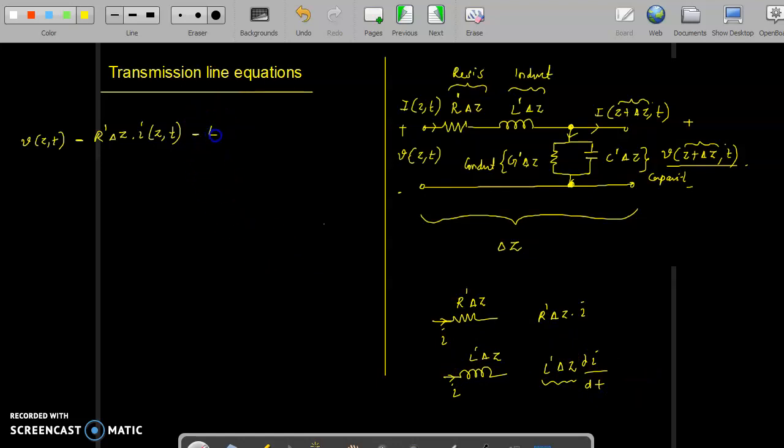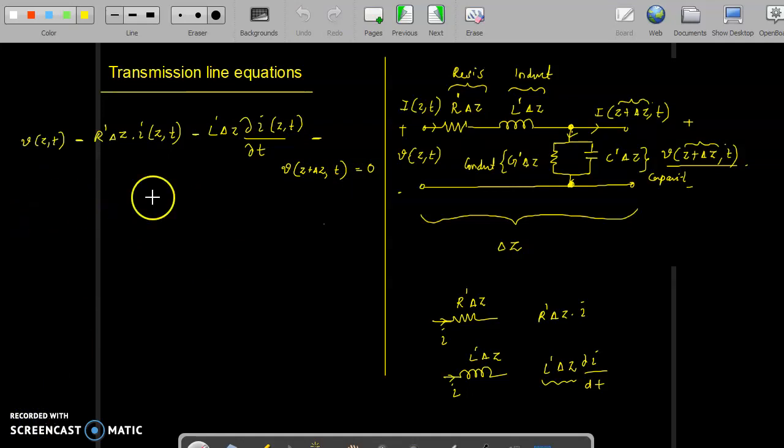Since I is a function of Z and T, we are taking the partial derivative, so delta I of Z comma T, minus this voltage drop, which is equal to V of Z plus delta Z comma T, equals 0. Kirchhoff's law states that the voltage drop across a closed loop is always 0.